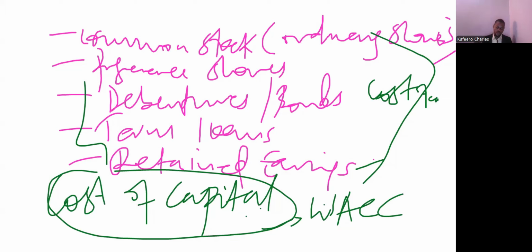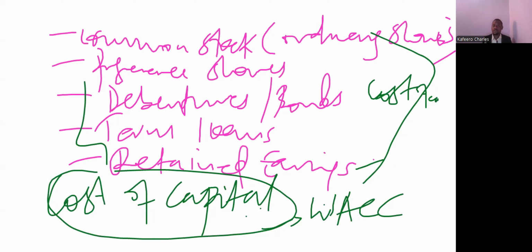Now, for me to compute the WACC, or the weighted average cost of capital, you need to first know the specific cost of each source of finance, or each element.